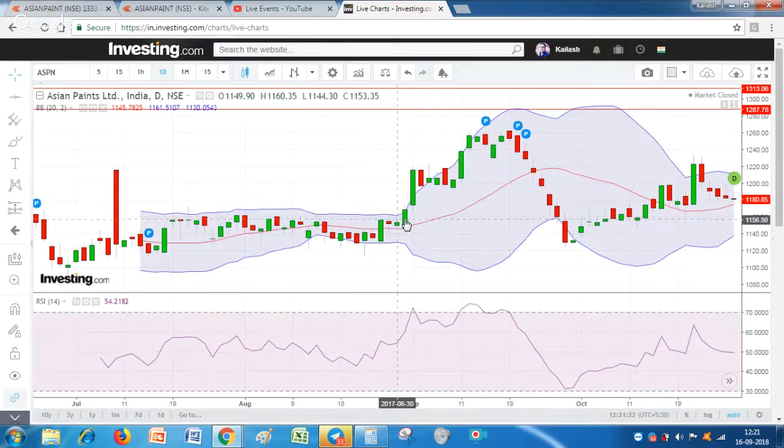There is a wonderful buy entry above this candle high, a wonderful buy entry as a positional trade. Okay, and it has moved up from the 1158 range and made a high of 1257, 1256 level.